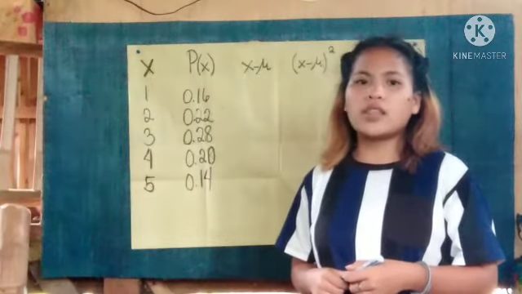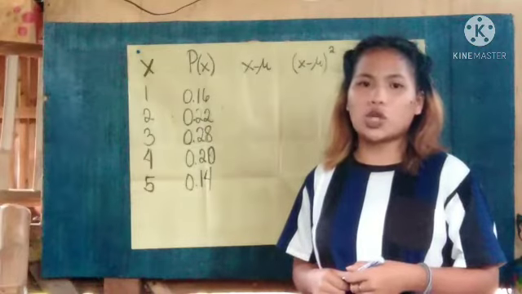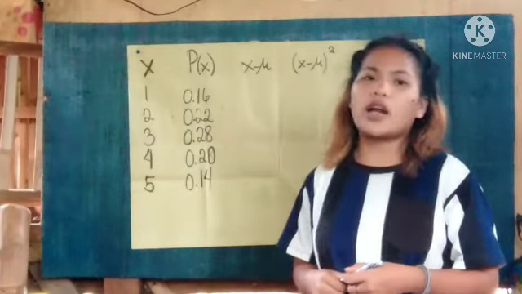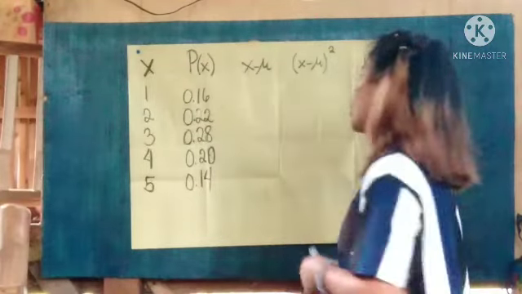So now, let's identify the variance and the standard deviation of a discrete probability distribution. Since earlier, we discovered the mean of the probability distribution, which is 2.94, let us subtract the mean from x.